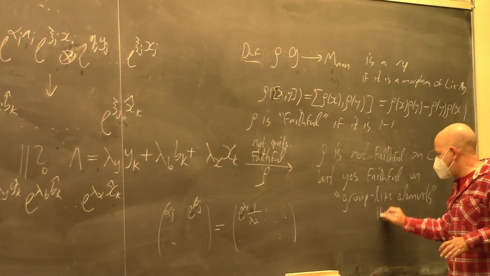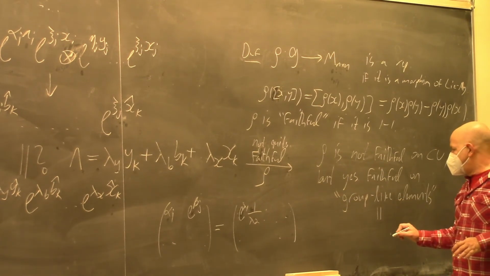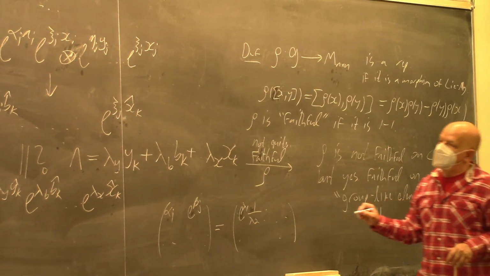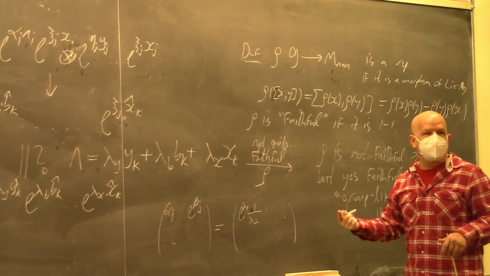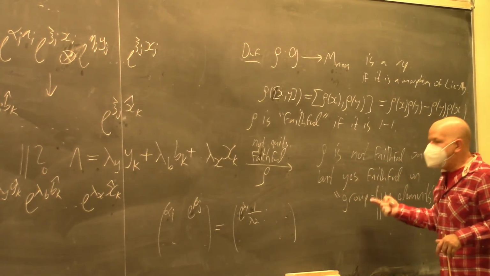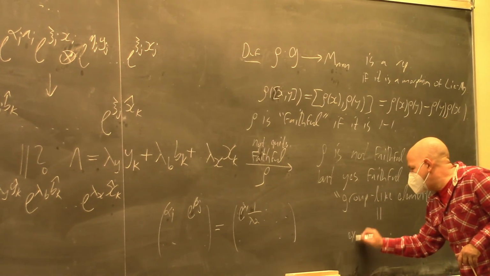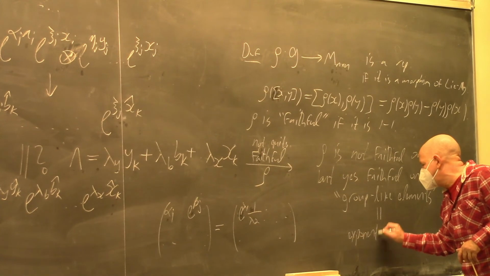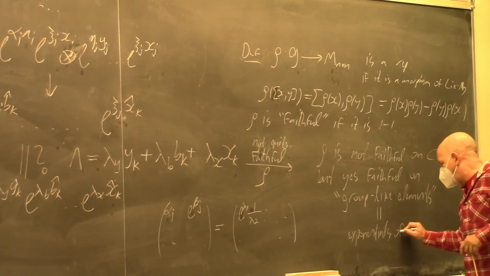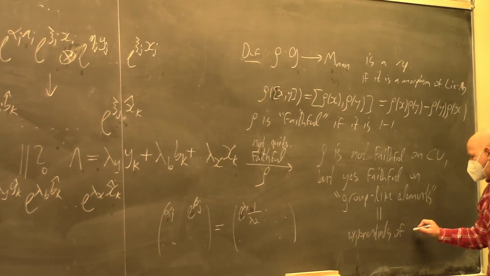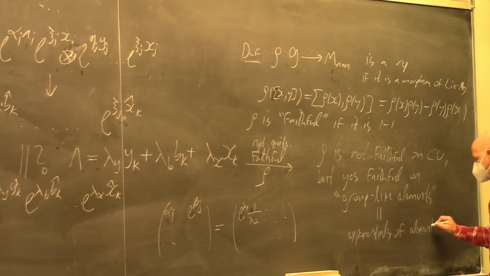So group-like elements is the same as exponentials of Lie elements. So these are exponentials of elements in the Lie algebra.